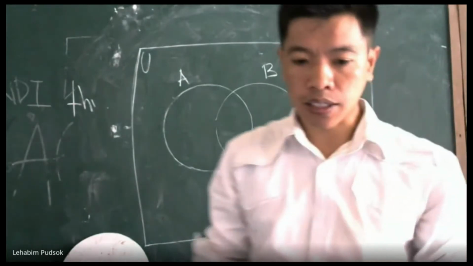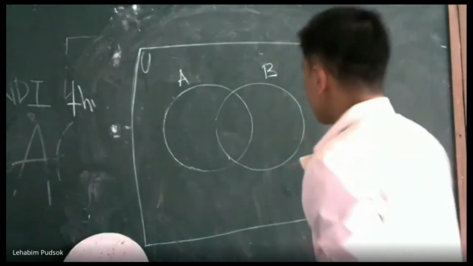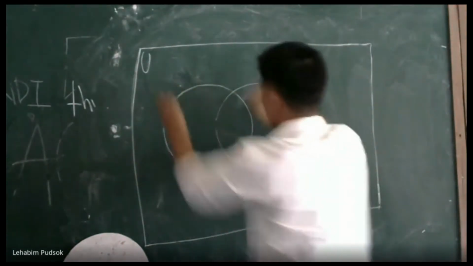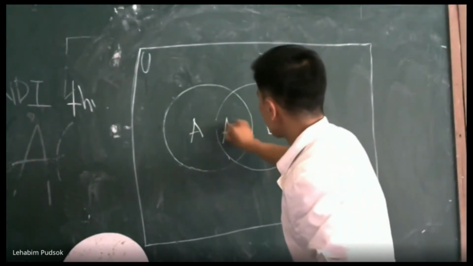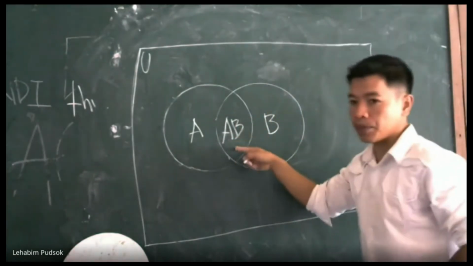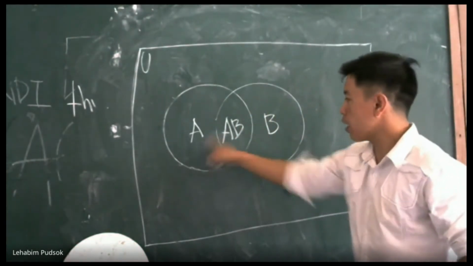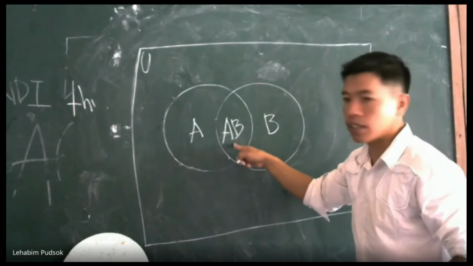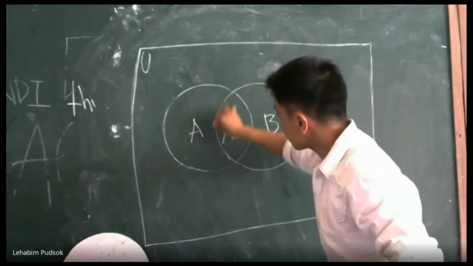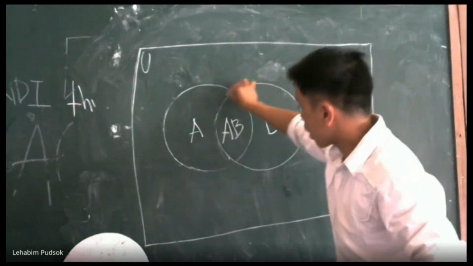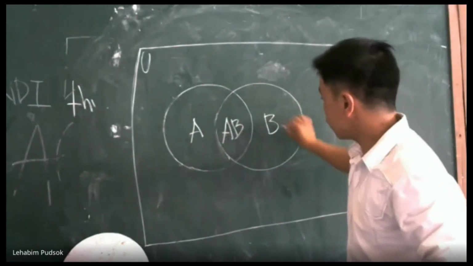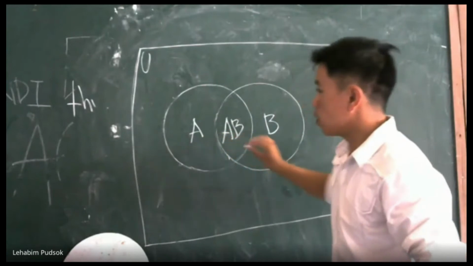Next. If this is A, this is B, this is the similarities, A and B. Similarities is the one in the middle, the intersection. Then the differences.